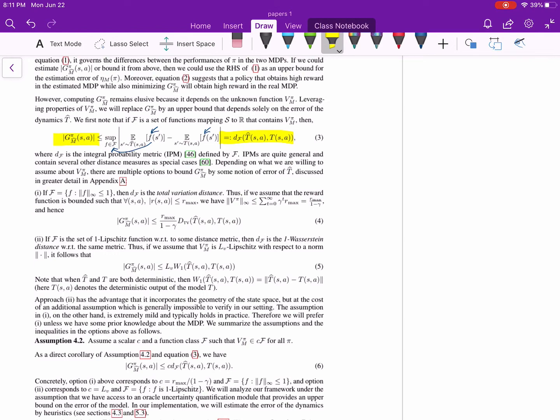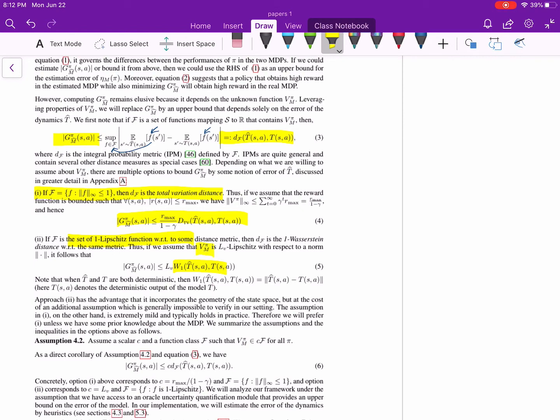They give two examples for this function class. One makes this df the total variation distance, and hence we could write it in this way. The second is if f is a one-Lipschitz function, which would just give us the one-Wasserstein distance, with some Lipschitz constant which comes from this v pi.